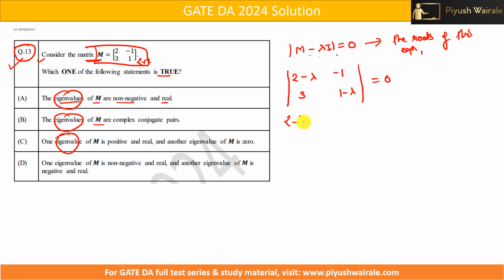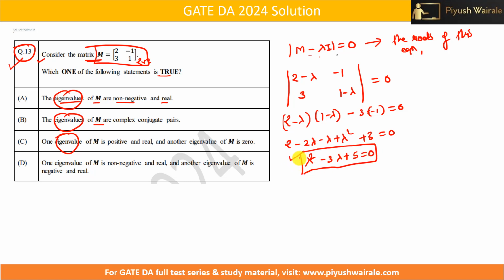I get (2 minus lambda) into (1 minus lambda) minus (3 into minus 1) equals 0. Solving this: 2 minus 2 lambda minus lambda plus lambda square plus 3 equals 0. That is lambda square minus 3 lambda plus 5 equals 0.